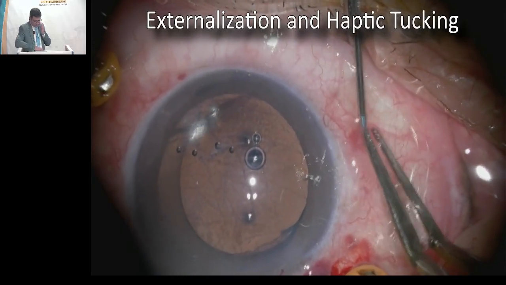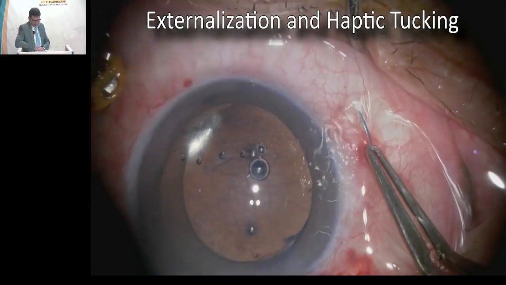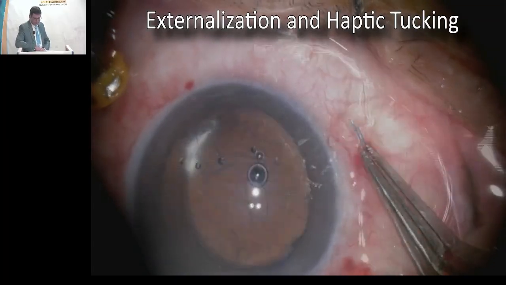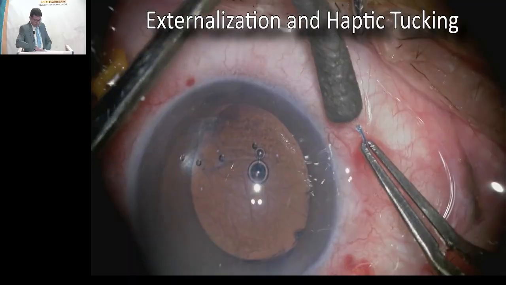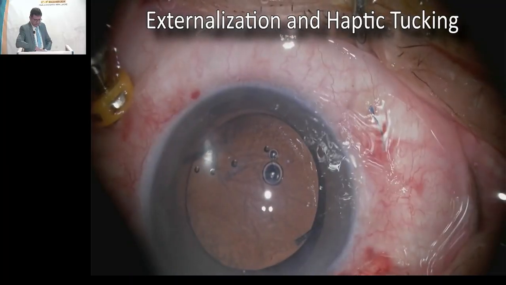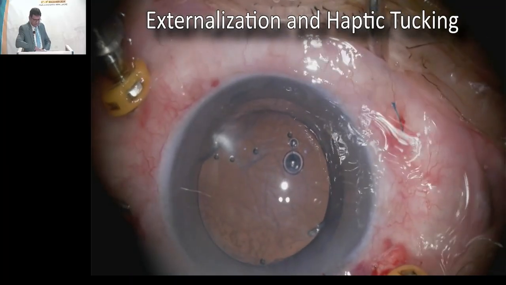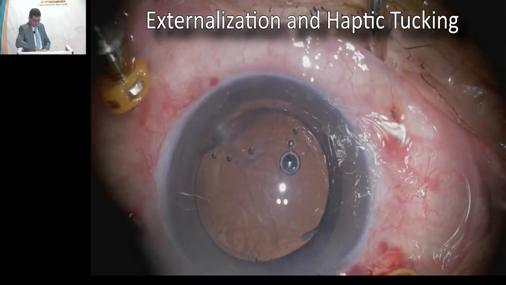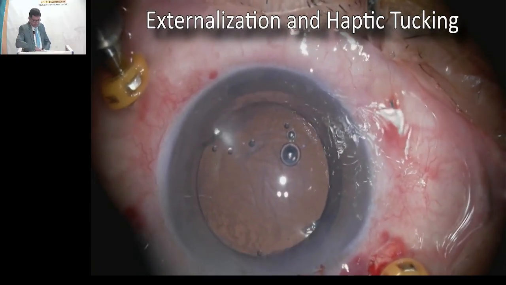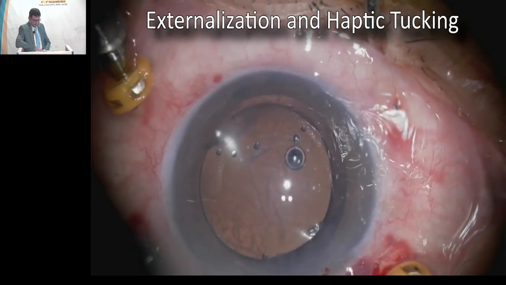First, the trailing haptic is externalized and a small flange is made with the help of hot point. Followed by externalization of the leading haptic and flange formation.